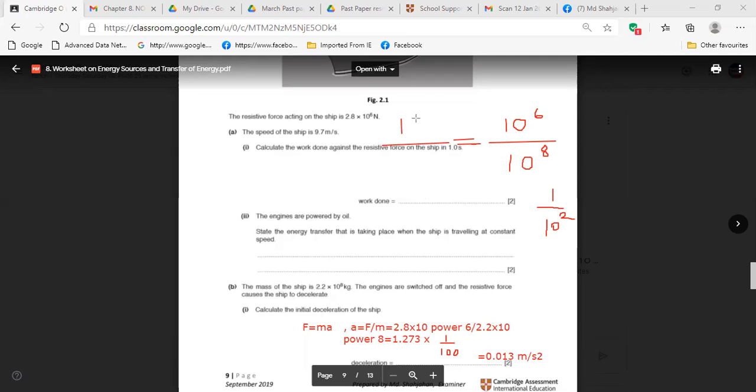So you can write it as 10 to the power 6 times 10 square. Do you know this? Oh, okay, sir. And 10 to the power 6 and 10 to the power 6 can be cut.